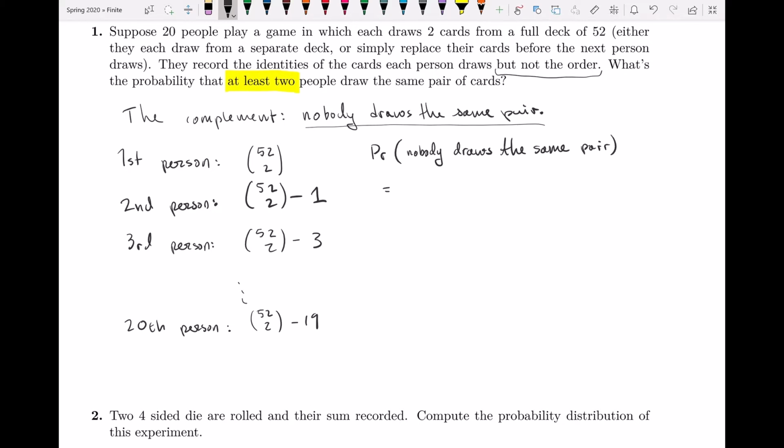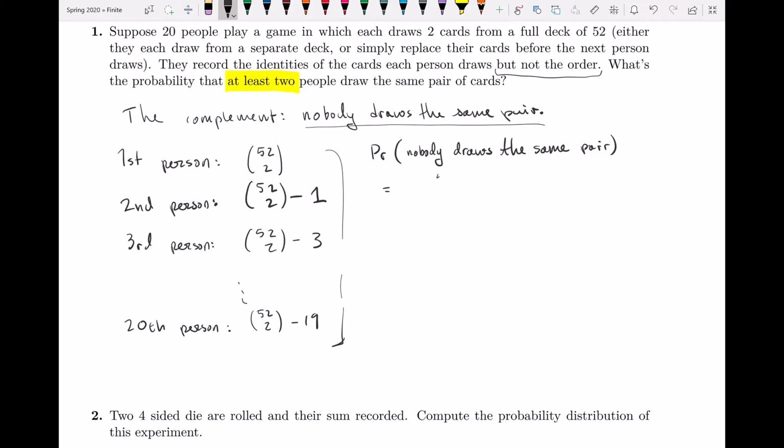Well, that's not really the right reason. The reason is the number of ways that we can have 20 people draw these pairs is the product of all these, by the counting principle, or the multiplication principle.